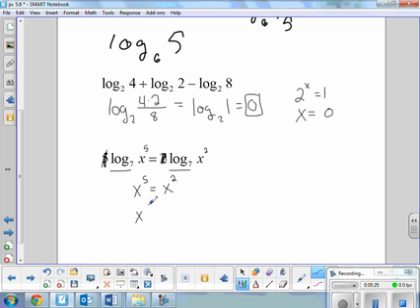Let's subtract that x squared from both sides. I don't really want to divide both sides by x squared because I can lose a root. I have a greatest common factor here.